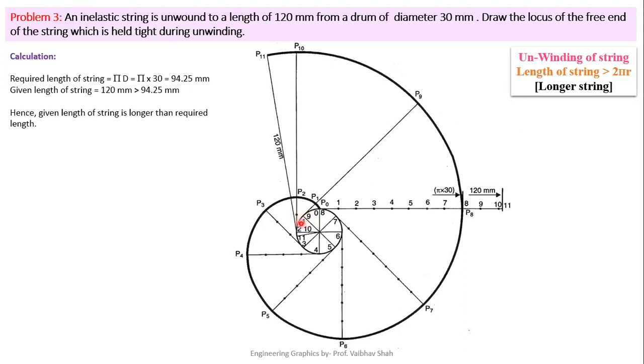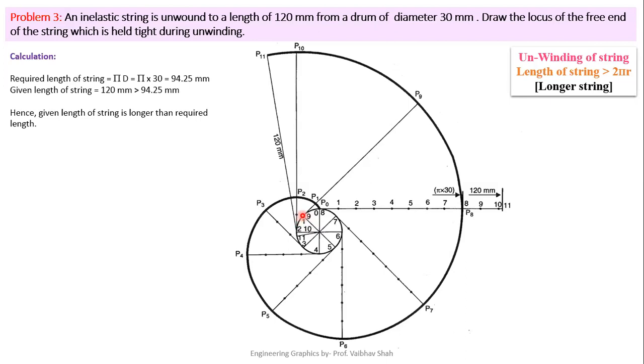That means this portion would now be your point number 1. Once again, this is your 0 point, and we try to open this string in the anti-clockwise direction like this. So the string will open around the first part, whichever part is in the first position. It is nothing but your point number 1 on your circle.